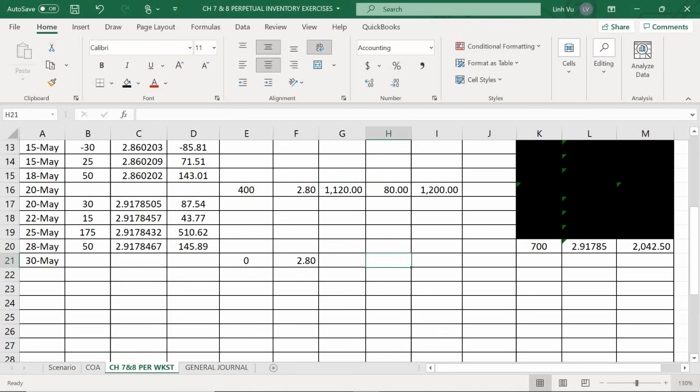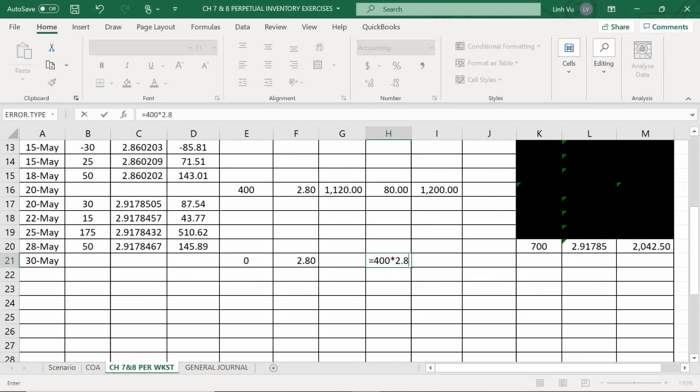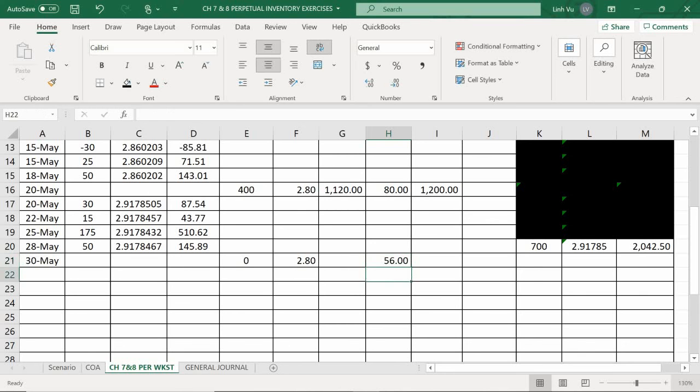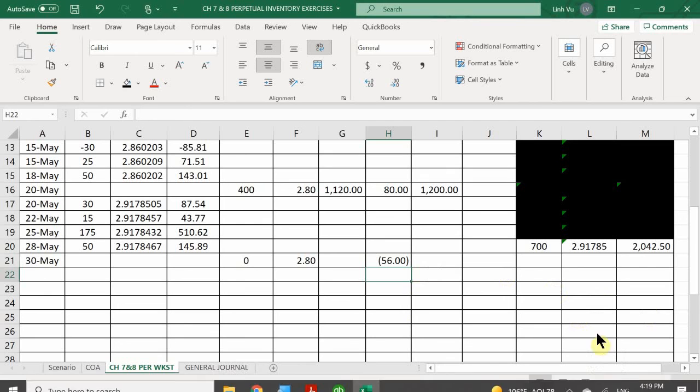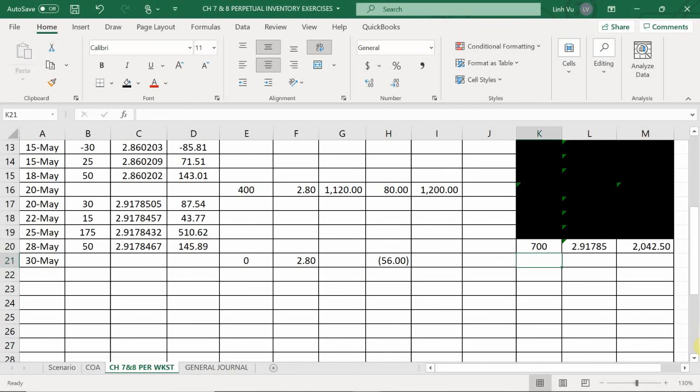Now in this case, we need to calculate what 400 times 280 times 0.05, which is 56. Okay. So therefore, we need to update our inventory because we have a discounted amount.